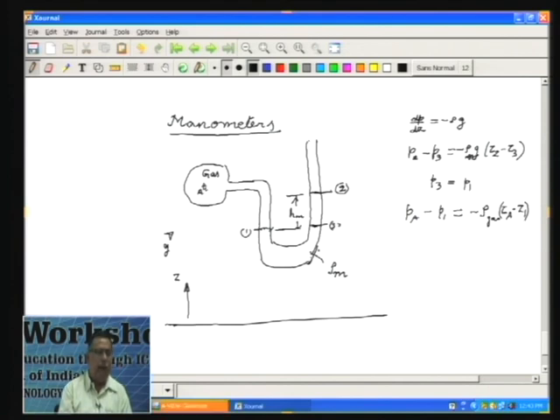Now, the density of the gas is usually small, so you can neglect it and say this is approximately 0. So, if you know what P 1 is, you know the pressure of the gas in the bulb.